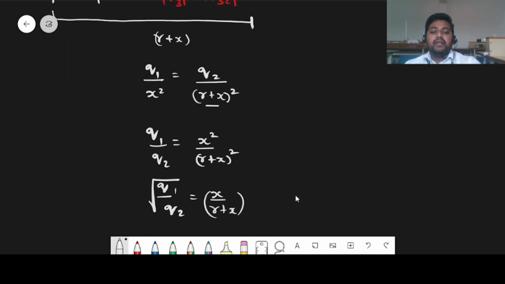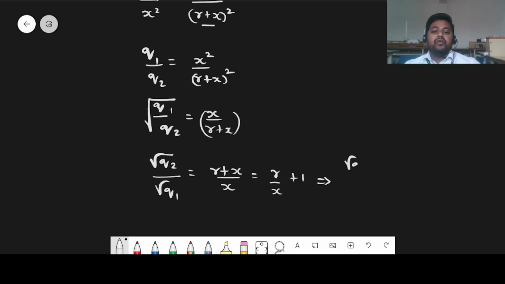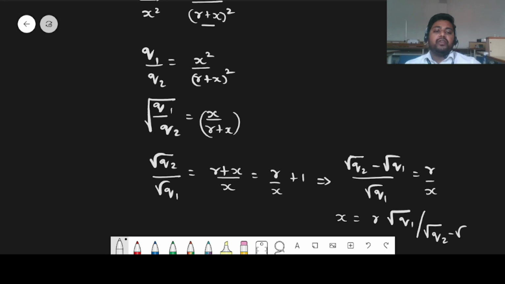Taking the LCM, root q2 divided by root q1 is equal to r plus x divided by x, which can be written as r by x plus 1. That will be further written as root q2 minus root q1 divided by root q1 is equal to r by x. Further, you can write x as r into root of q1 divided by root of q2 minus root q1. This will be the final formula that you will be getting.